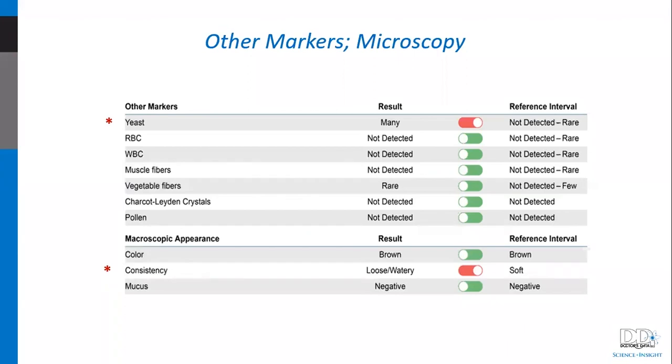Now, while we're looking microscopically, we also look for significant clinical findings like an overabundance of yeast that may or may not have cultured. And also very important to clinicians is the consistency of the stool on the day of that collection. That really helps with the interpretation of the overall report.